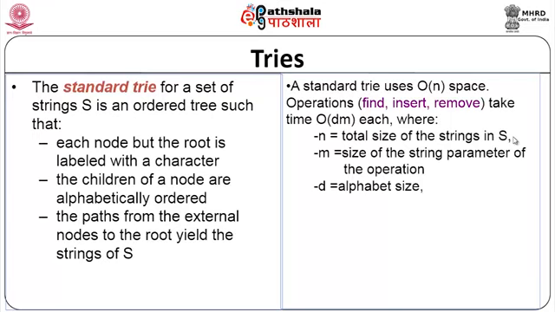For example, for alphabets, 26 is the alphabet size. If it is numerals, 10 is the size. So the size of the string you use as a parameter in the operation will determine the time taken.